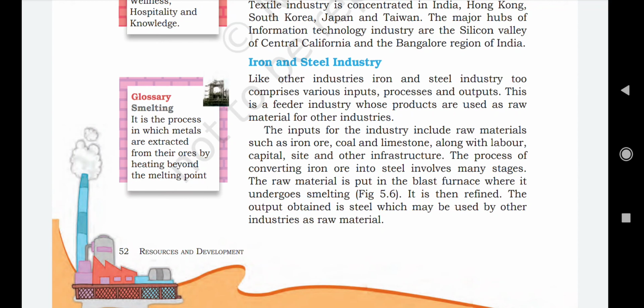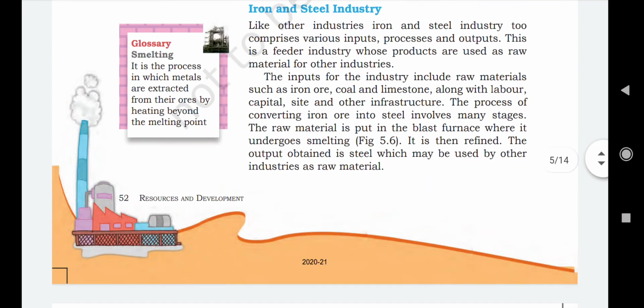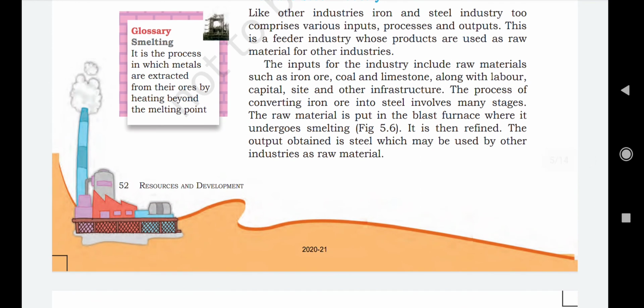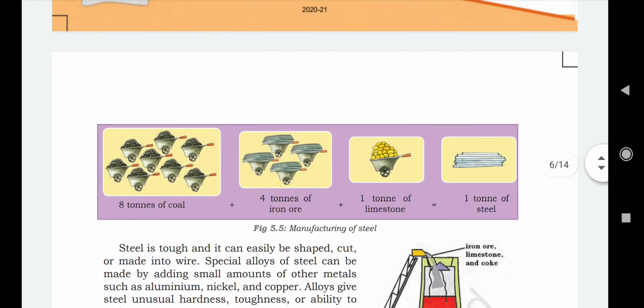The process of converting iron ore into steel involves many stages, different machineries and all these things. These are the outputs. So, like other industries, the iron and steel industry works.